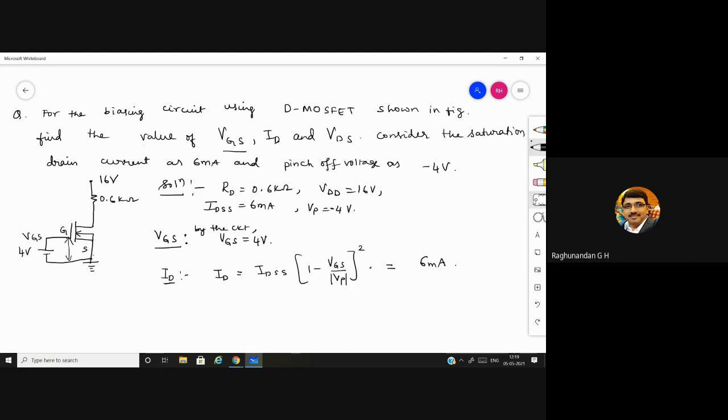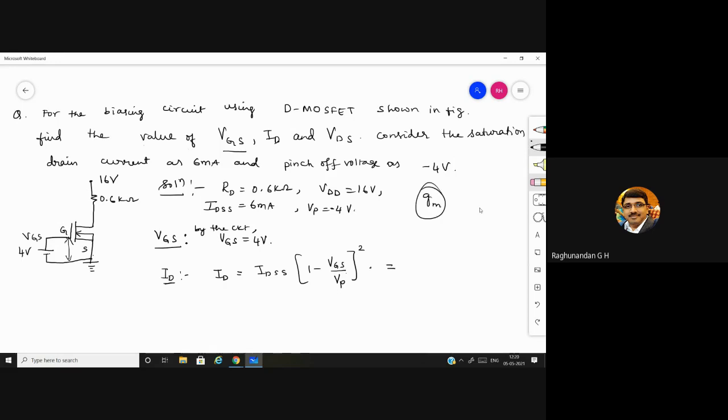Sorry, the magnitude will be considered only in the case of transconductance. Here it will be just VP only, so it will not be 6 milli. Magnitude of VP will be considered only when you find there is an equation for GM in transconductance.